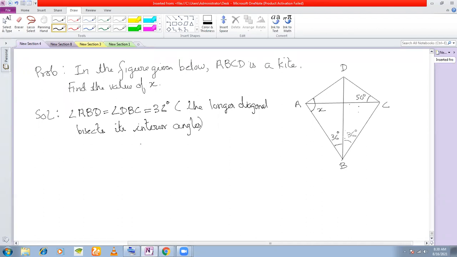Okay. So once I've found out this, now what will I say? Let's call the point of intersection P. Let P be the point of intersection of the diagonals of the kite ABCD.